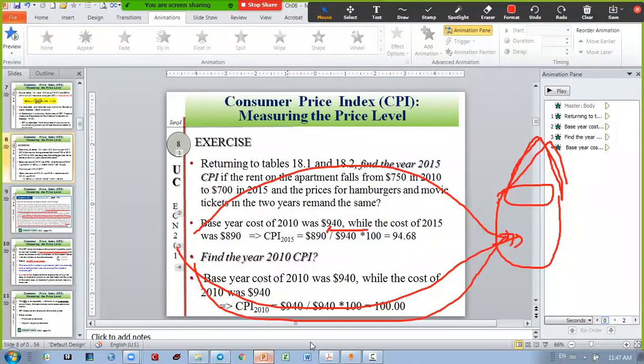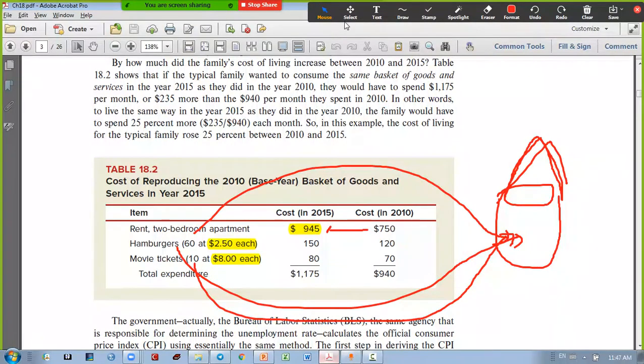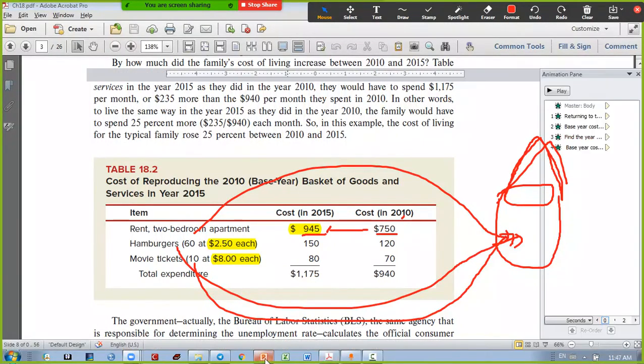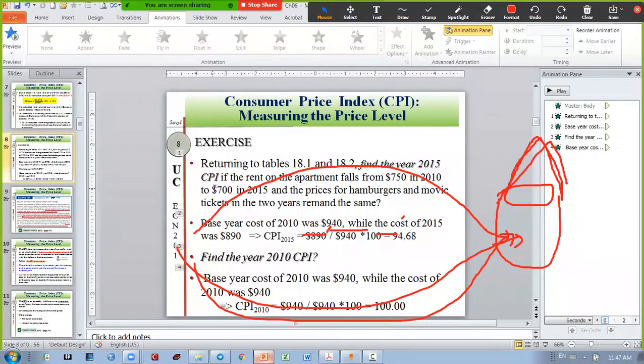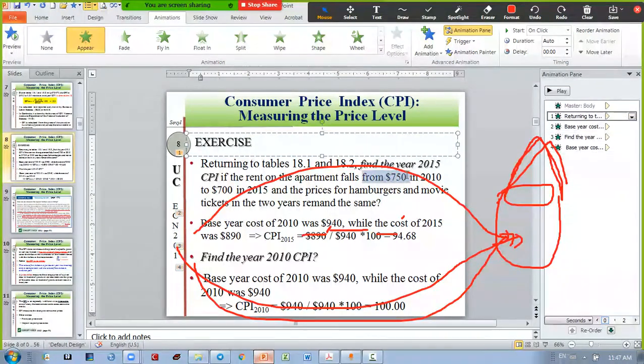In this exercise, unlike the table, the apartment changes. In the table it changed from 750 in 2010 to 945 in 2015. But in our exercise, it is from 750 in 2010 to 700 in 2015.